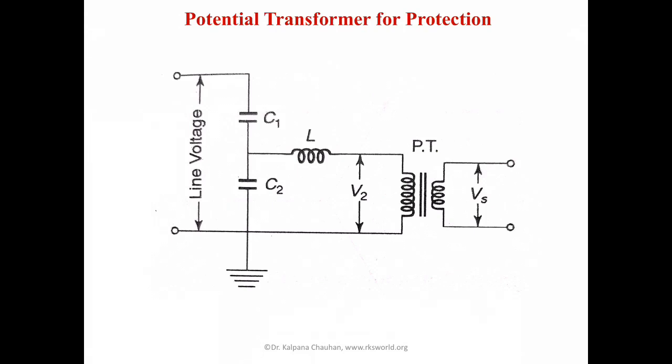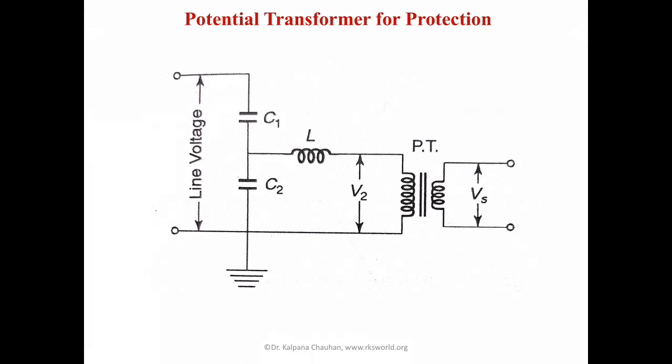Another instrument that we use is the potential transformer. Potential transformers are used to reduce the system voltage to a level low enough to suit the ratings of protective relays. The voltage rating of a protective relay is usually 110 volt.